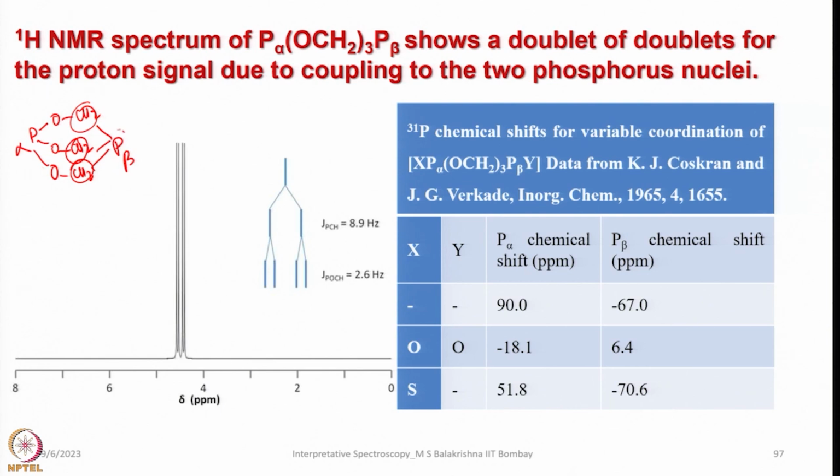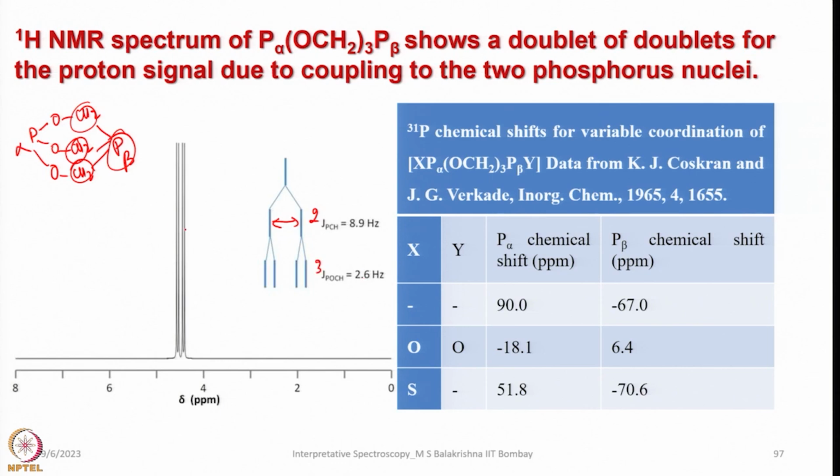And then since beta phosphorus is close to hydrogen, 1-2 bond coupling, first it will split into a doublet like this. This is 2J PCH, and now this P alpha, it is 3 bonds away, and this will be 2.6. So at the end what we get is a doublet of doublet.